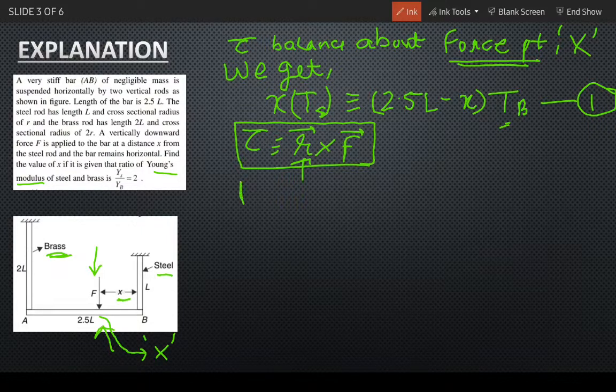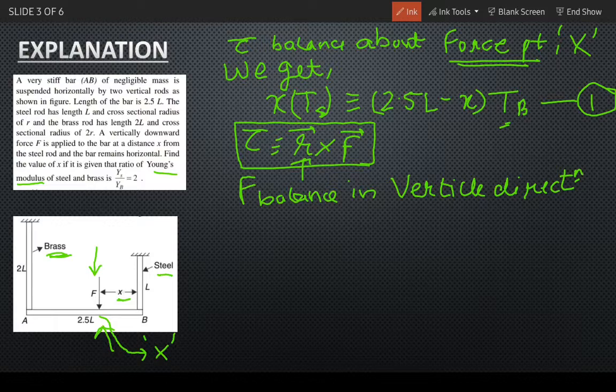Now balancing force in the vertical direction. As you have learned in Newton's laws of motion, or the mechanics part of your physics curriculum, you should have seen how forces are balanced in the vertical direction.